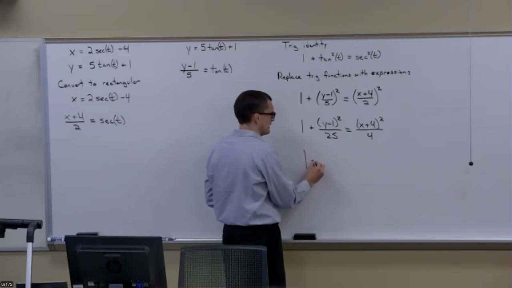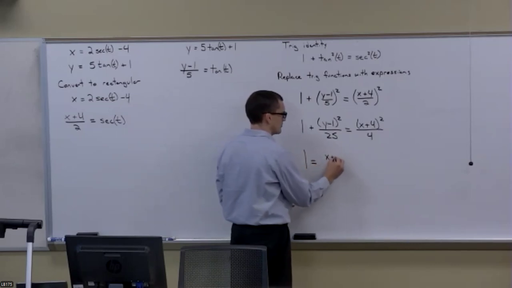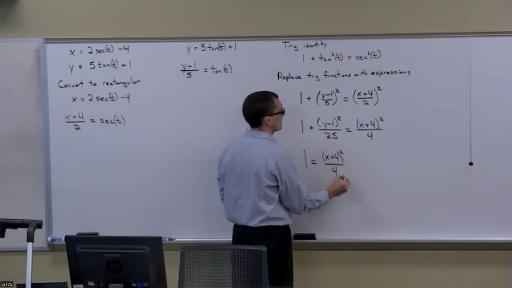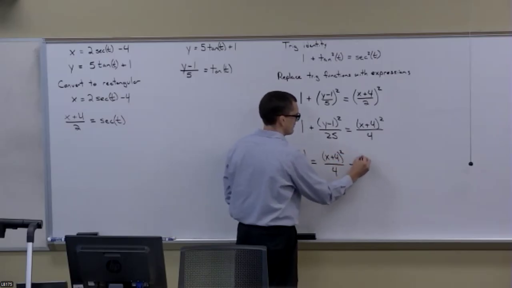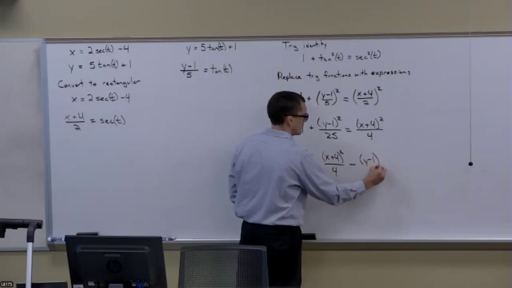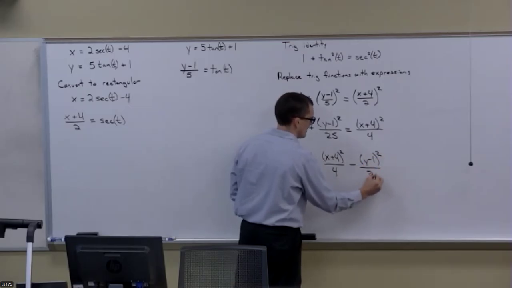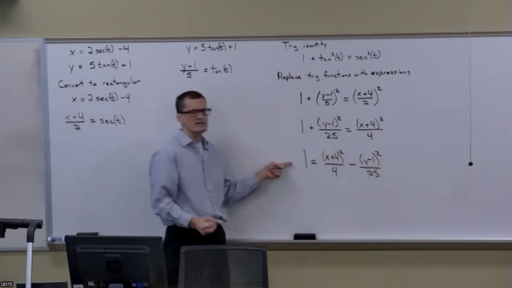I would get 1 is equal to (x plus 4) squared over 4 minus (y minus 1) squared over 25. Anybody know what that shape is?